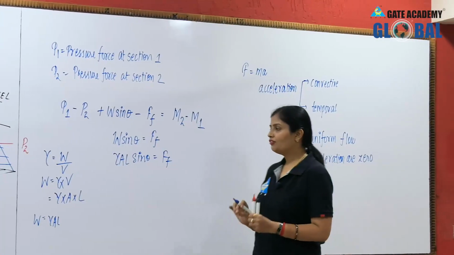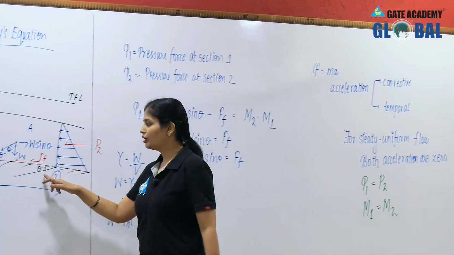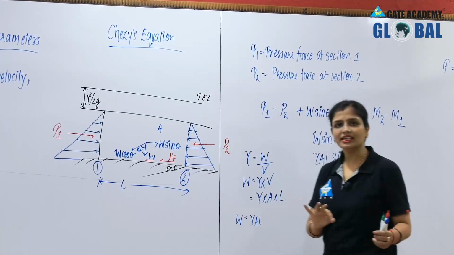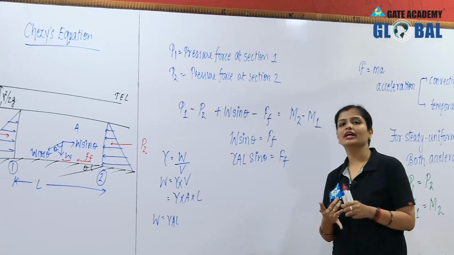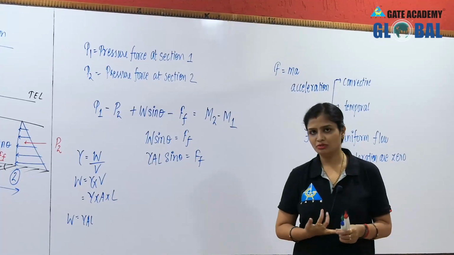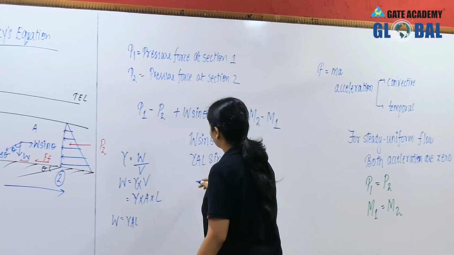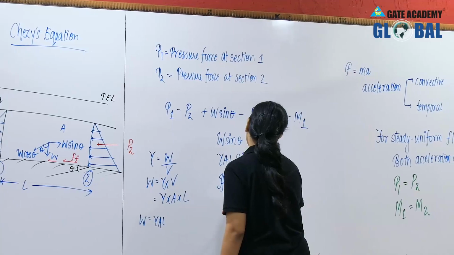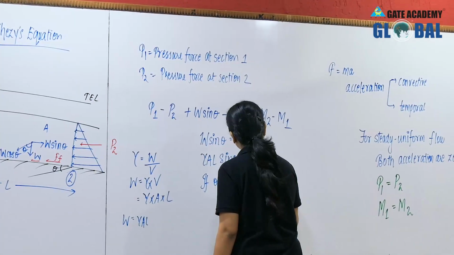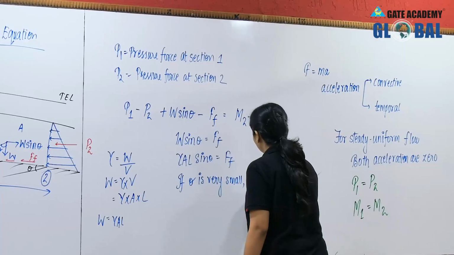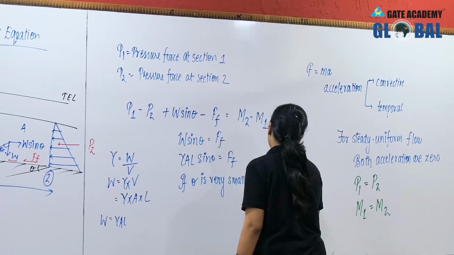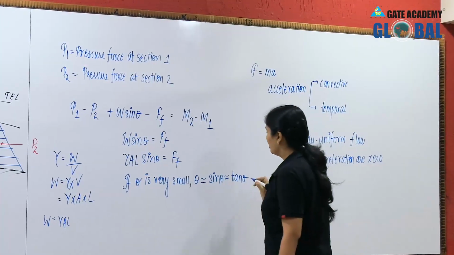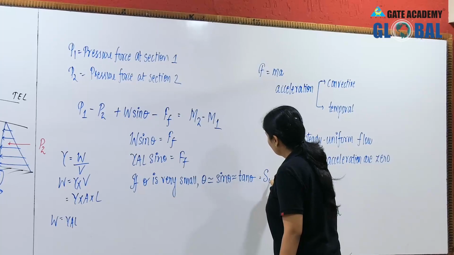Now, if I assume this theta to be very small, that is sin theta is equal to tan theta, which is equal to your S naught, that is your channel bottom slope. So if theta is very small, theta is equal to sin theta is equal to tan theta, which is equal to S naught.